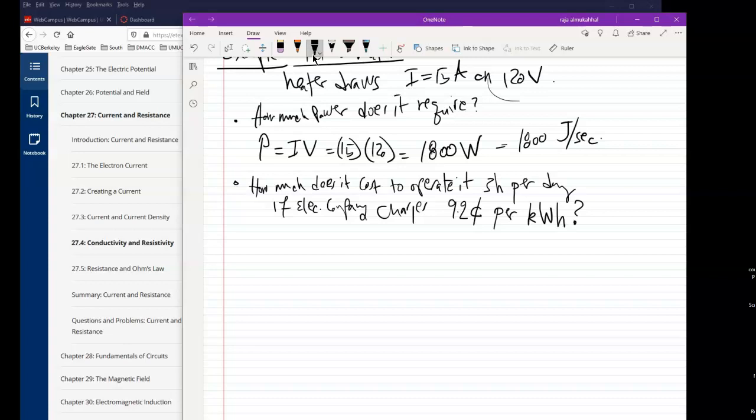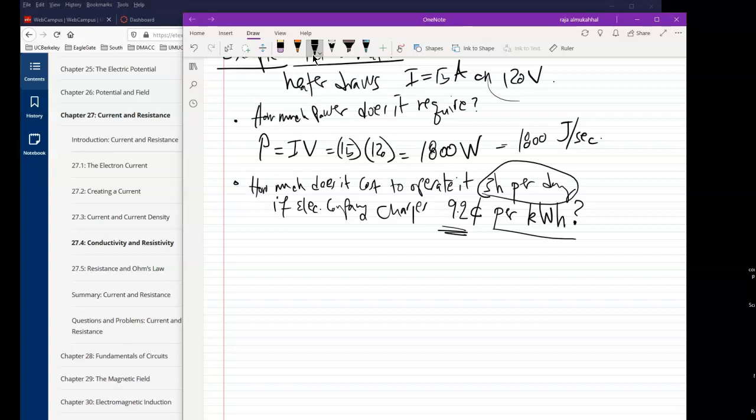So he said, how much does it cost money-wise to operate it for 3 hours per day if the electric company charges you 9.2 cents per kilowatt hour? First thing we need to do, I want to calculate the total kilowatt hours.